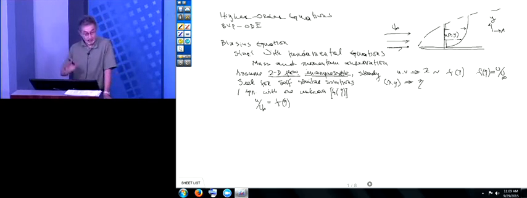After everything is said and done, with a lot of algebraic manipulations and chain rules and whatnot, what we obtain is an equation that looks like f triple prime plus 1/2 f double prime is equal to 0. This is incredible, isn't it?